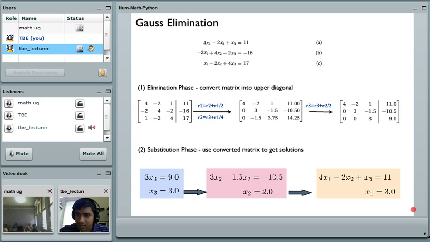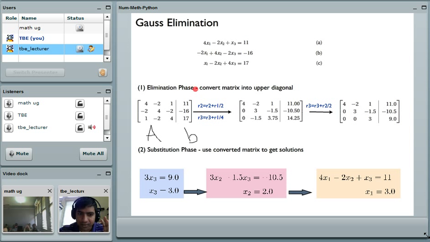So this particular one is A, and this guy is our earlier B. This Gauss elimination has two phases.